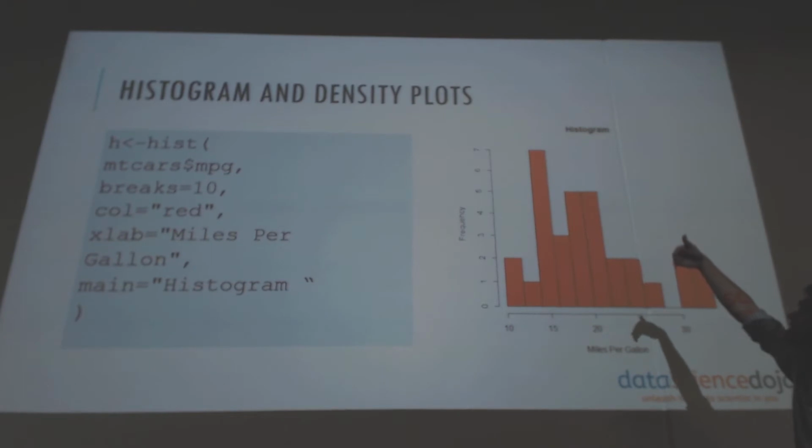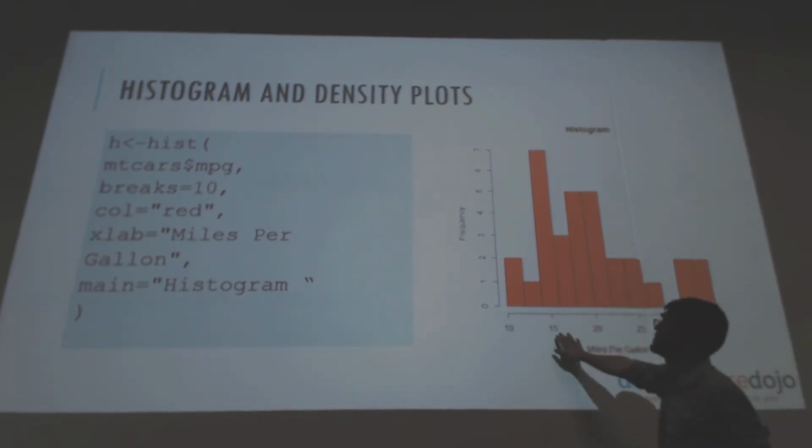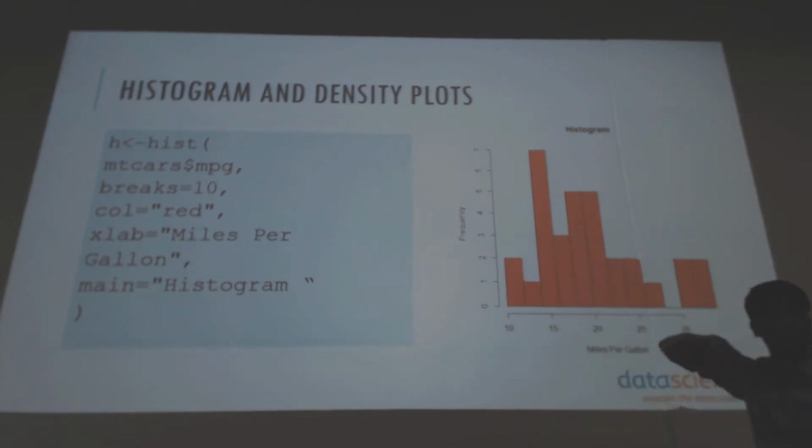And you can see that most of the cars are around 15 miles a gallon. I think this is an older data set from the good old 80s and 90s, because I don't think if you draw a histogram of the mileages of the cars that are currently in the market, it would have shifted towards 25-ish, right?